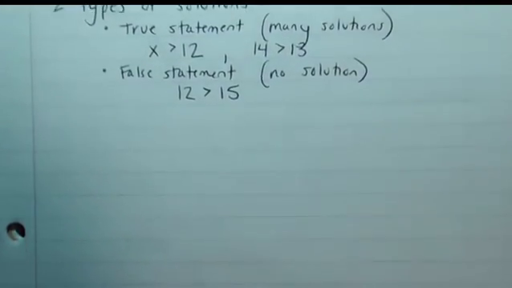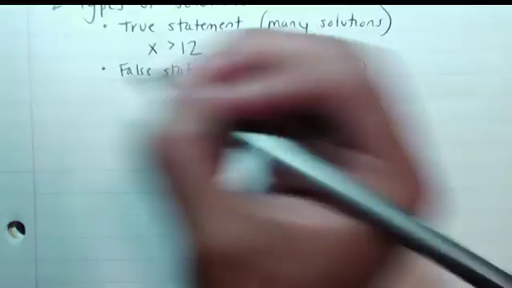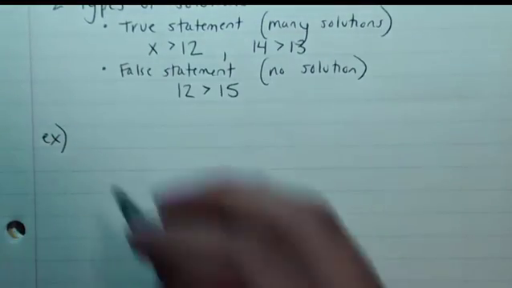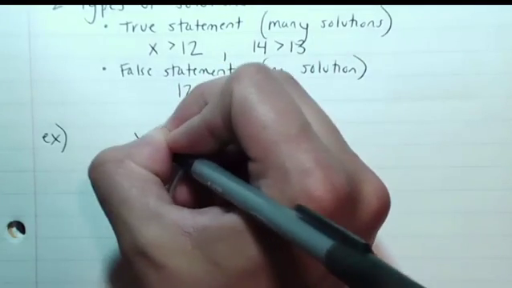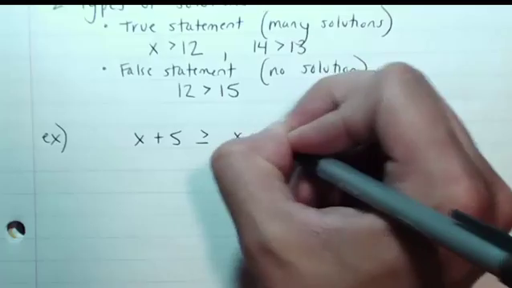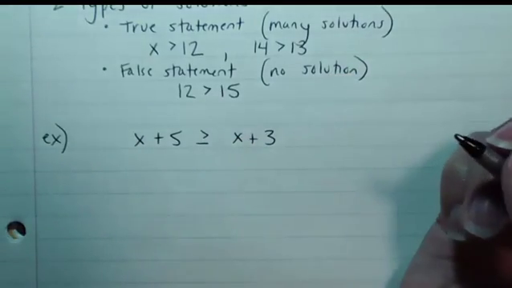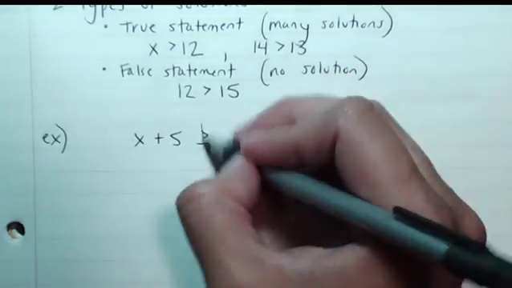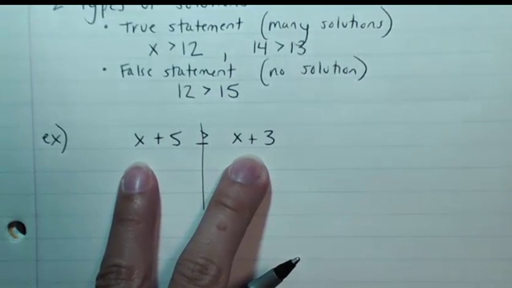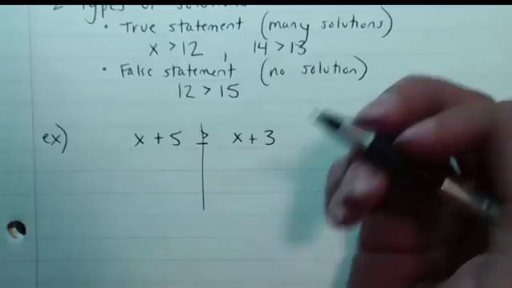Now when we're working out these inequality problems, we might end up having something like this, where I might have x plus 5 is greater than or equal to x plus 3. Okay? You don't know right now. Well, you might. I want to get x by itself, isolate x. What could x be to make this statement true? So, let's see.